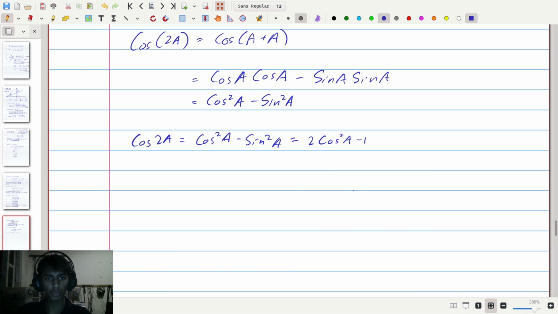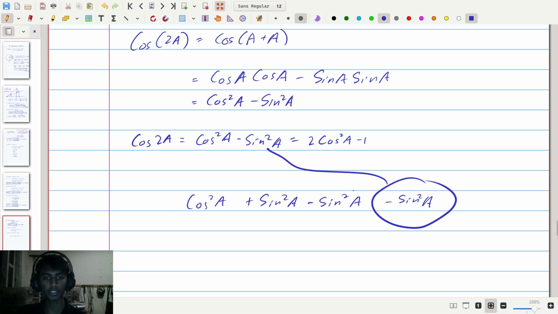We also write this thing, cosine squared A minus sine squared A, in a different format. This time, instead of adding and subtracting a cosine squared A, we add and subtract a sine squared A. So we do cosine squared A, we add a sine squared A, we then subtract a sine squared A, and then there's the extra subtracted sine squared A that we had originally.